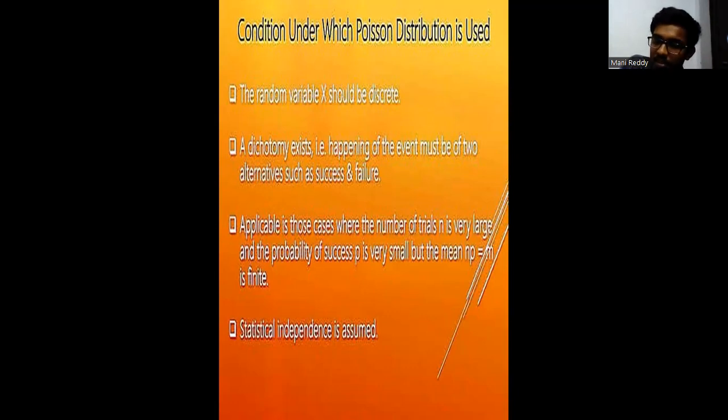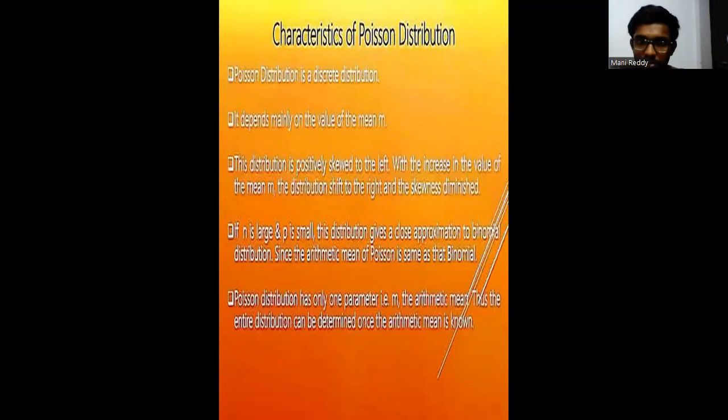Statistical independence is assumed. These are the four conditions under which the Poisson distribution is used.